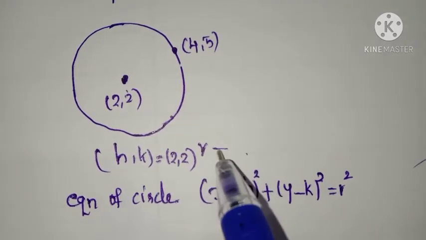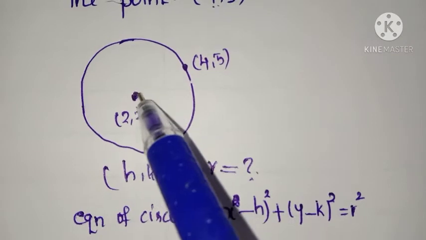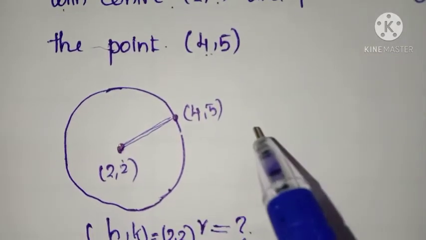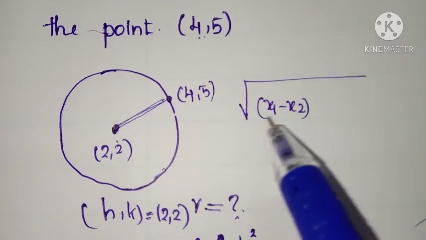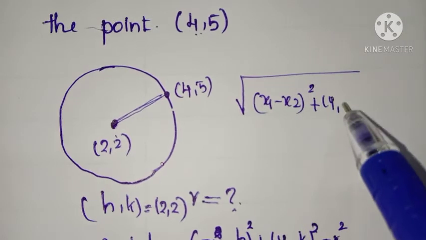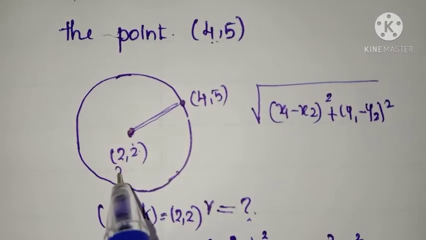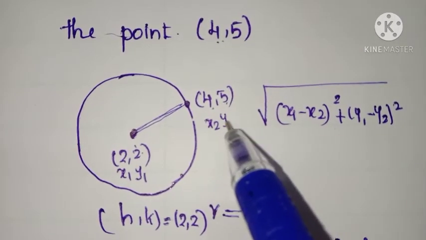The radius is not directly given, but we can find it using the distance formula: the square root of (x1 - x2)² + (y1 - y2)². Put (2, 2) as (x1, y1) and (4, 5) as (x2, y2).